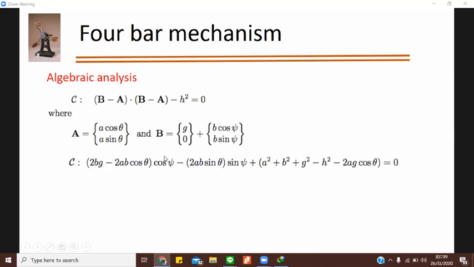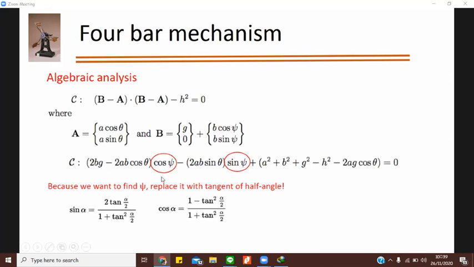So that was the equation that you got, right? And now what we'll do, we have this cos psi and sin psi, and we will replace them with the tangent of half angle, so that it will be easy to solve. How will we do it?